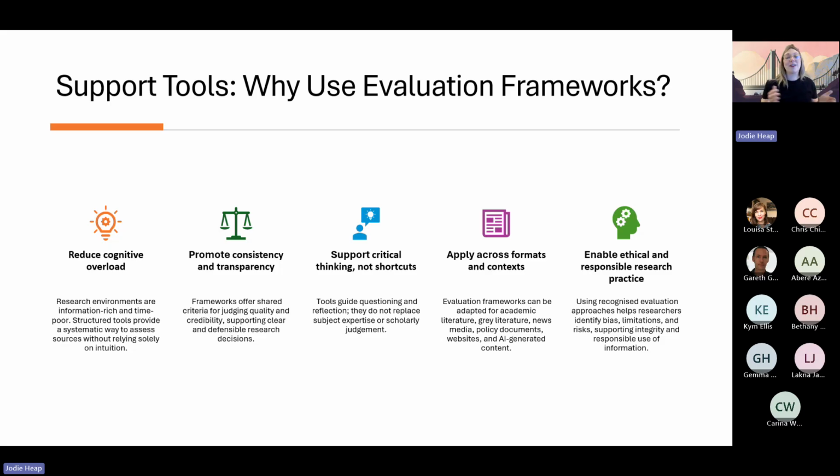Not all frameworks are going to be applicable for every task. Frameworks are just a jumping off point, a bit like going to the gym, of building up our evaluation skills muscles so that we can move away from a framework in the long run. So frameworks are useful in that initial process of giving us structure to grade something against, but they're the starting point, not necessarily the end point.